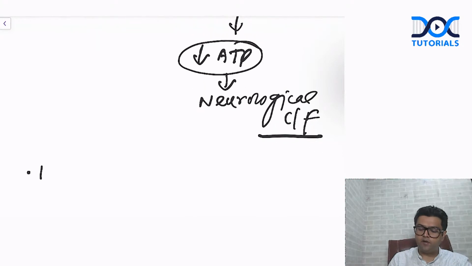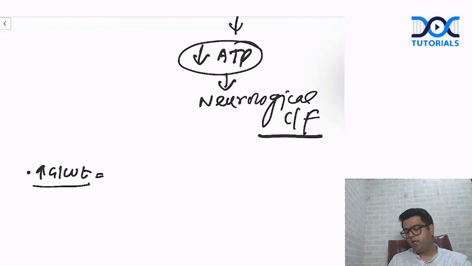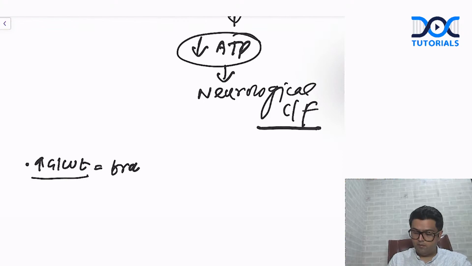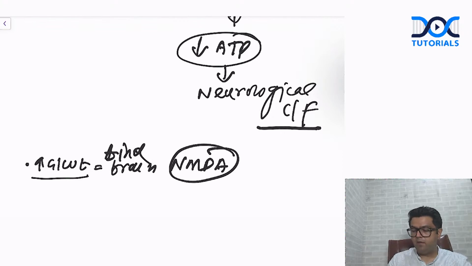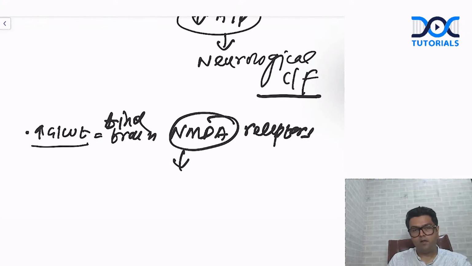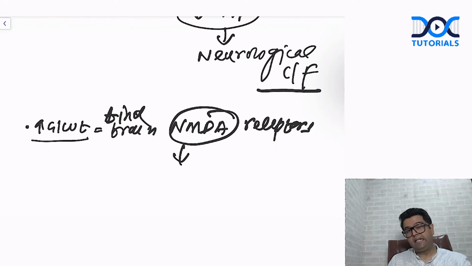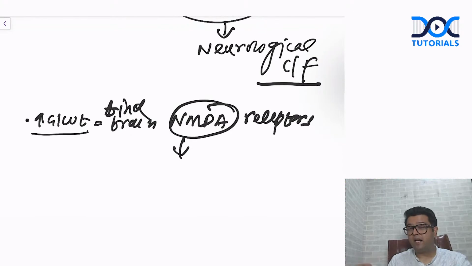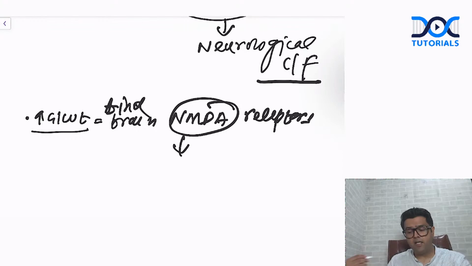Definitely, because of the increase in glutamate, I'm just mentioning this, but it may not even be in your basic books right now. Glutamate binds the brain at certain receptors known as NMDA receptors, right? And this increases the excitation of the brain and causes neurological death of neurons, basically by various mechanisms.